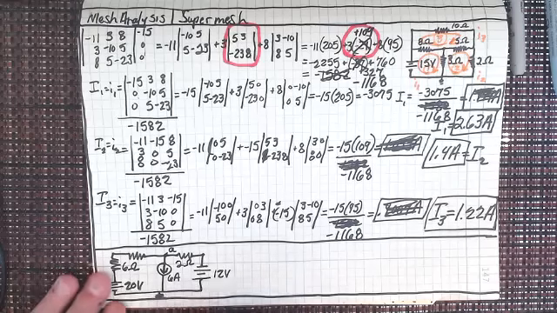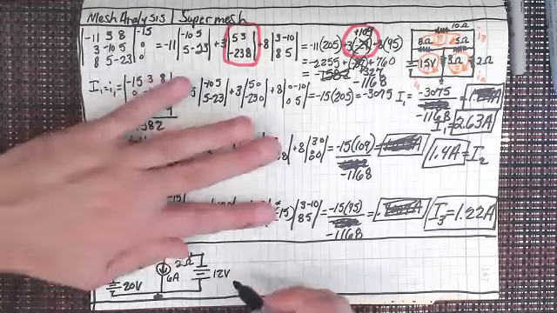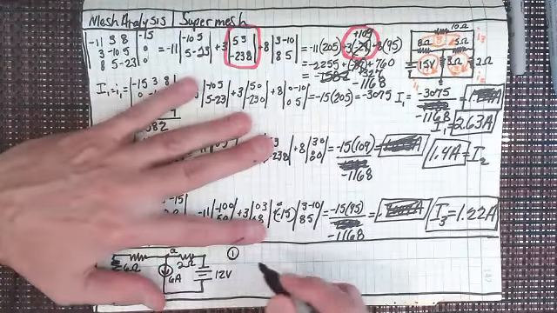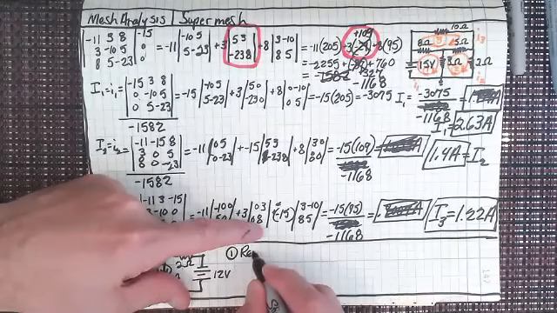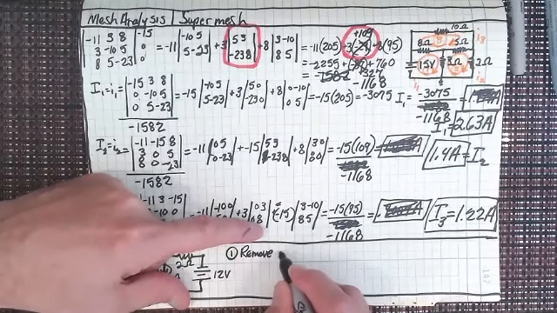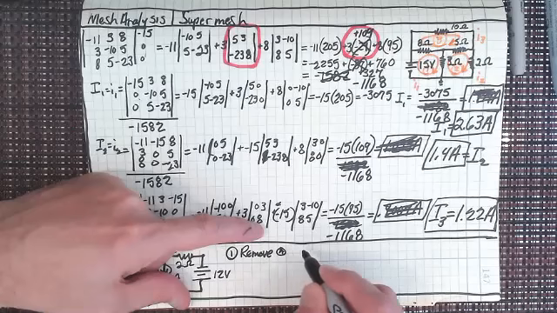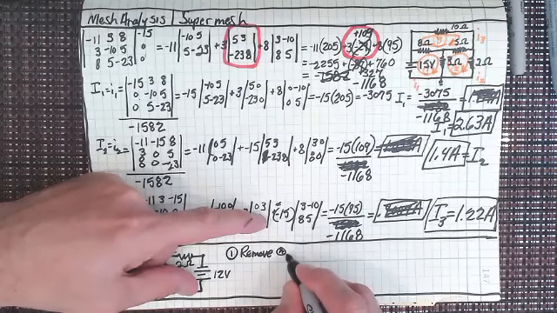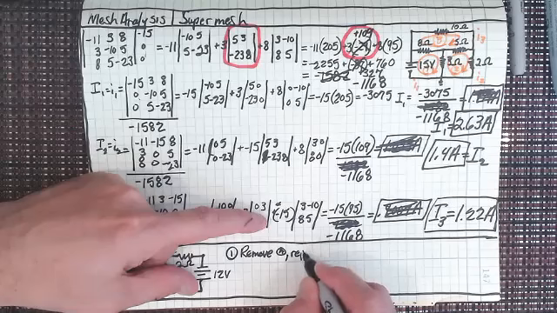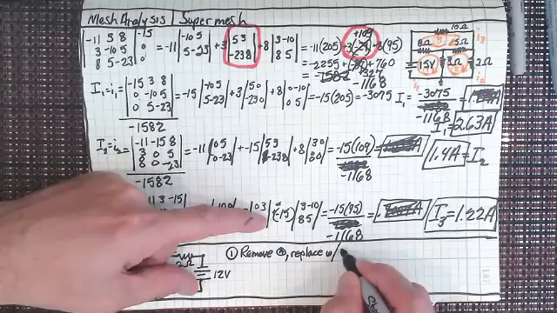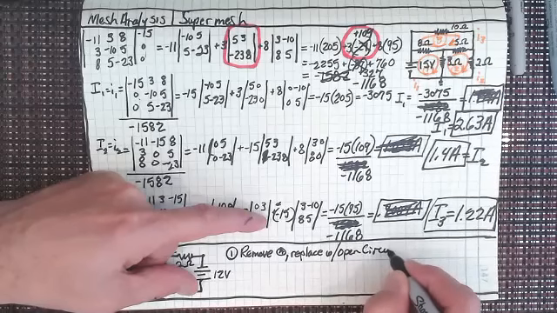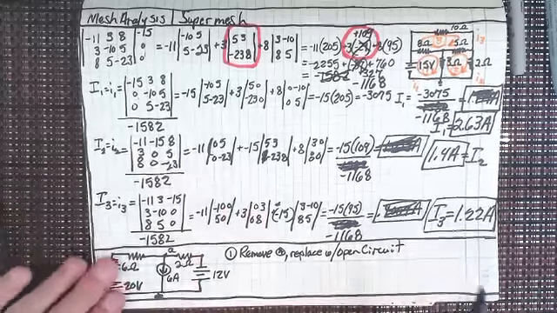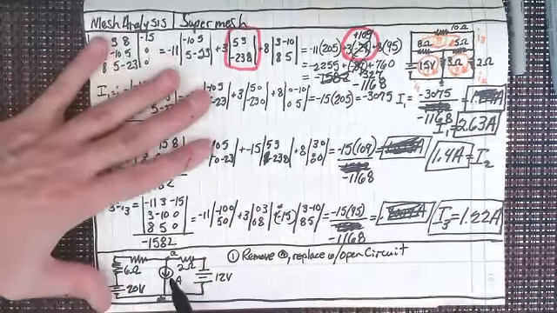Now the procedure for super mesh analysis is to remove the current source and replace it with an open circuit. Remember how we replaced the voltage source with a short circuit when we were talking about super node?